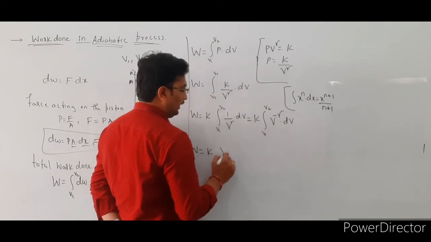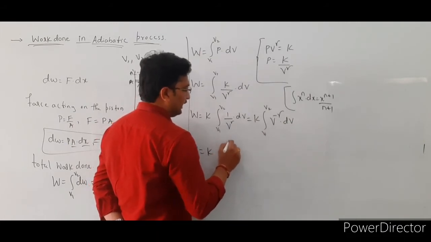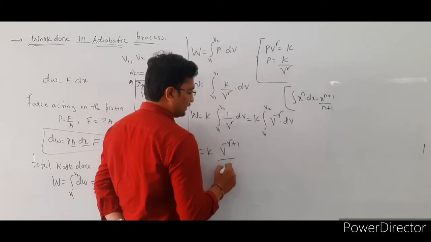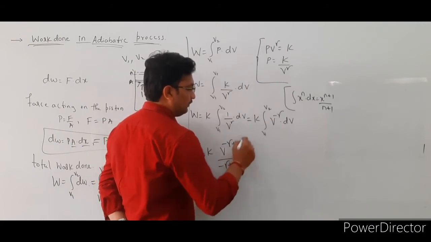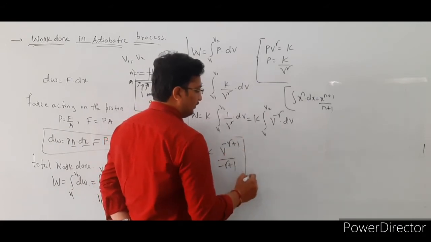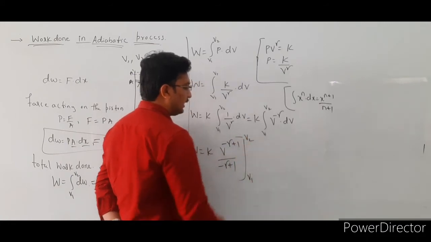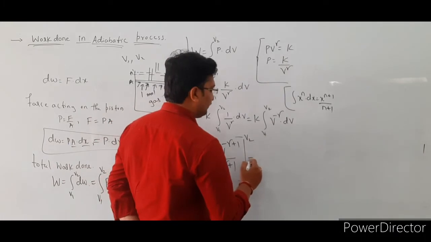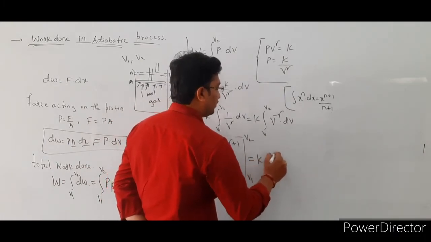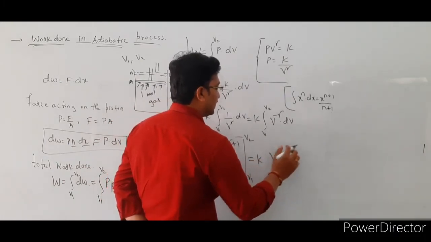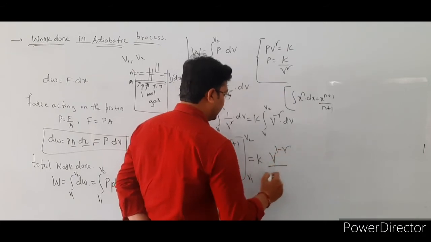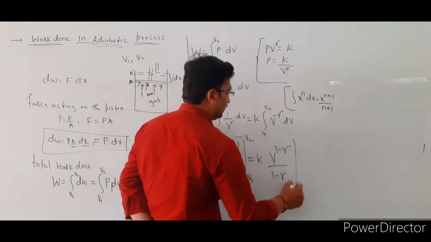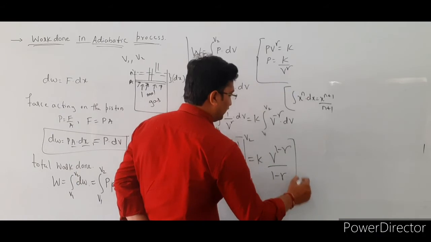So V to the power of minus gamma plus 1, divided by minus gamma plus 1, and the bounds are V1 to V2. Rearranging this equation, that is K V to the power of 1 minus gamma divided by 1 minus gamma, with bounds V1 to V2.